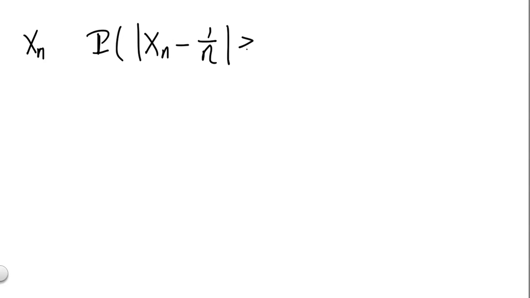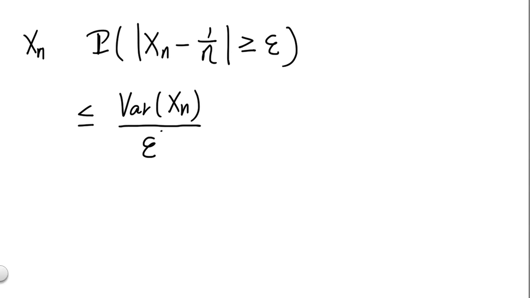In part B, we're asked to use the Chebyshev inequality and see whether Xn or Yn converges to any number in probability. Let's first recall what the inequality is about. It says that if we have a random variable X, in our case Xn, then the probability that Xn minus the expected value of Xn, in our case 1 over n, this deviation, the absolute value of this difference, is greater than epsilon is bounded above by the variance of Xn divided by epsilon squared.